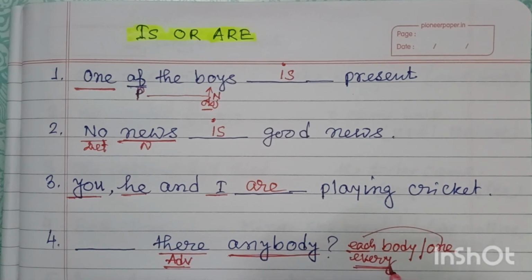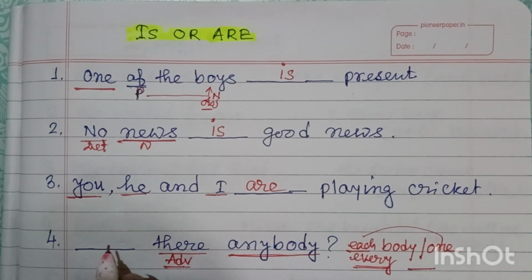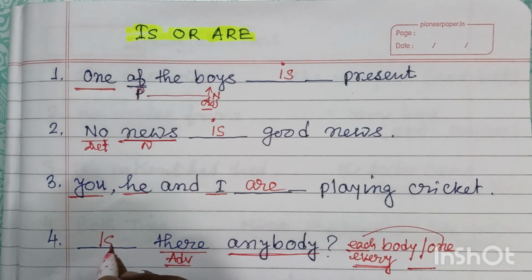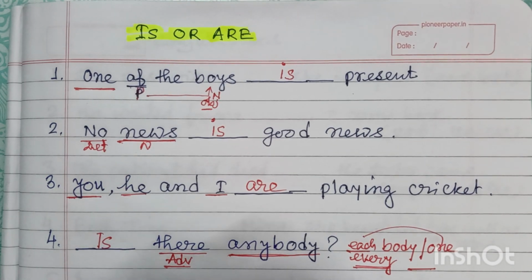That means they reflect distribution, and distribution means individual. They refer to individuals. That is why it is always singular. So we have to write is here. Is there anybody?